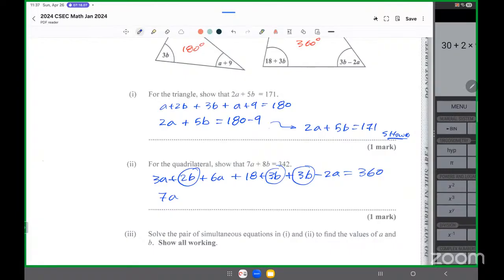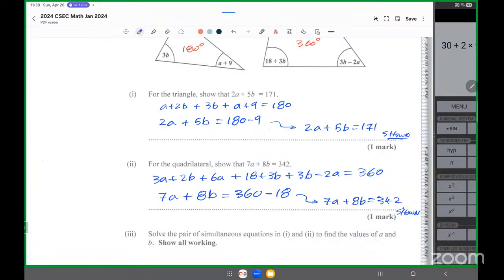So the B's add up to 8B, and that will be equal to 360. And you take this 18 and carry it over here and subtract it. That's the only number in there, that 18. When you subtract the 18, you're going to get 342. So this now becomes 7A plus 8B equals 342. And that again is shown.